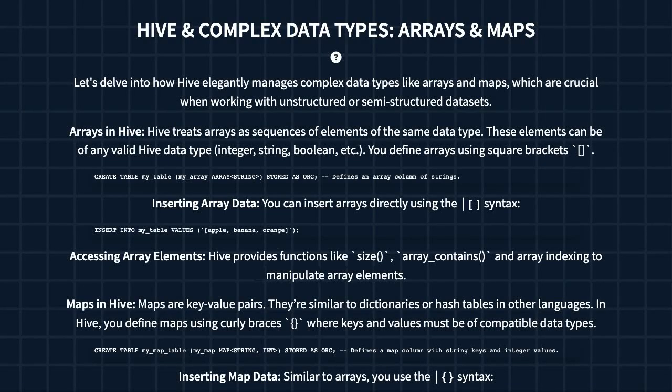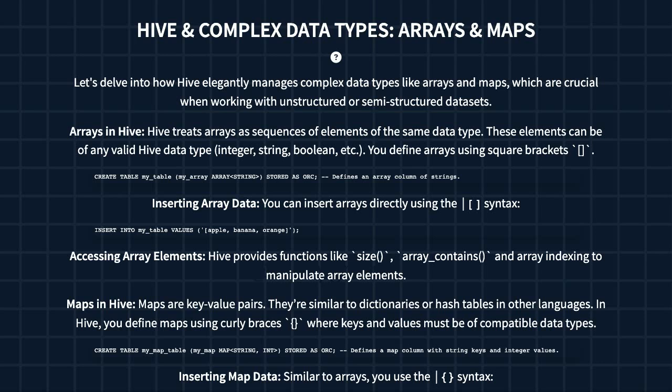Okay, let's talk about how Hive tackles complex data types, specifically arrays and maps. Think of arrays as ordered lists of things, like a shopping list with items in a specific order. You define them using square brackets inside your Hive table definition. You can insert array elements directly into the table using the syntax. And to work with those individual items, you've got functions like size and array contains.